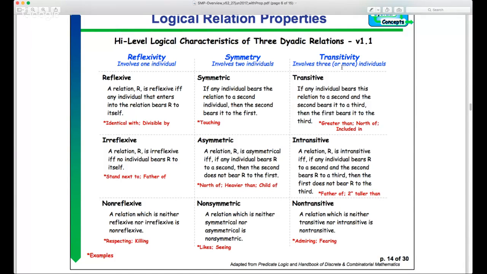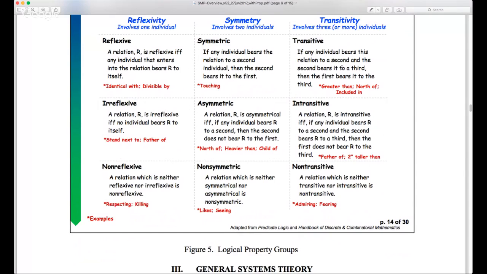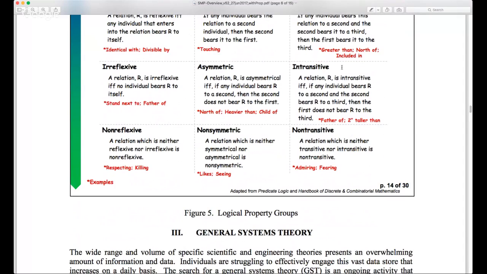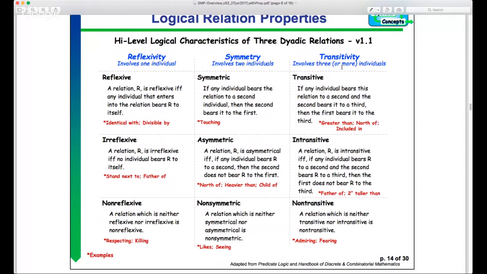So we've been using this as a way of analyzing and looking for characteristics in system structuring approaches. One of the things that we have found is that for system structure, symmetry appears to be the leading or the controlling system structuring relationship because it involves two individuals.